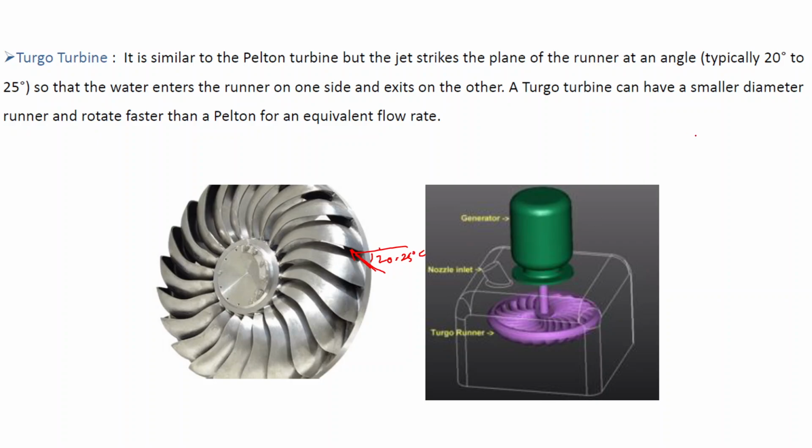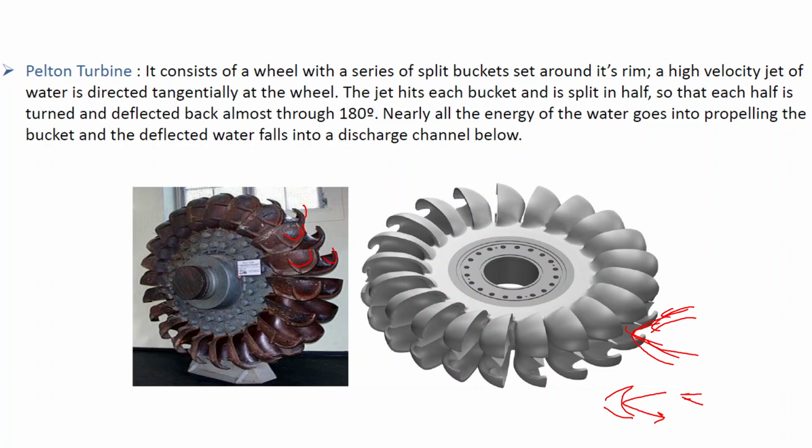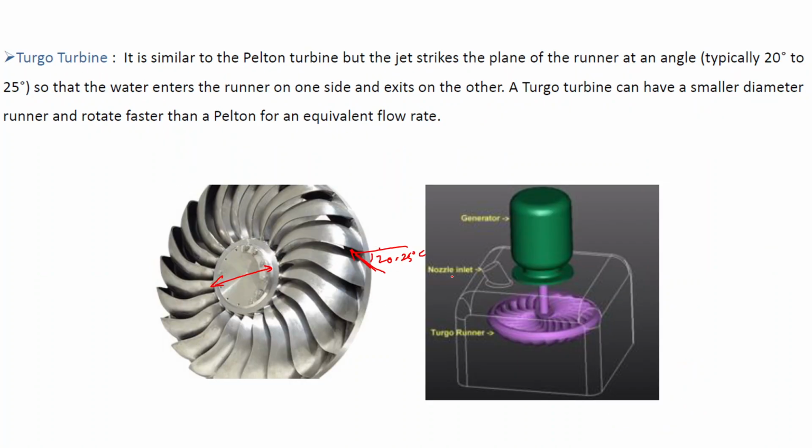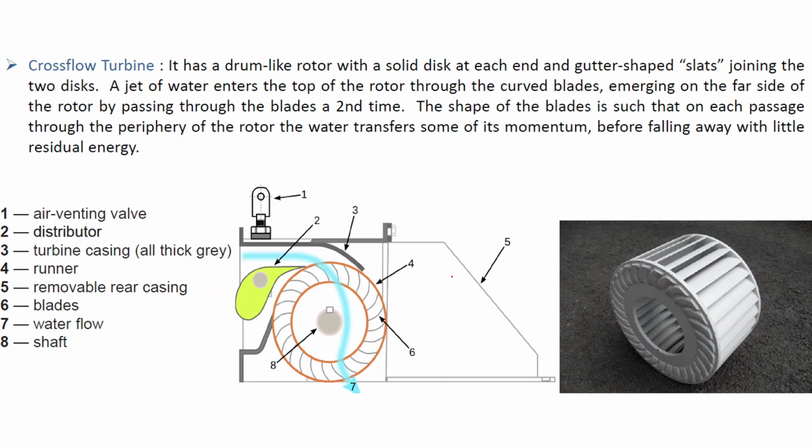A turgo turbine can have a smaller diameter runner, and so this runner is smaller in diameter. This diameter is smaller compared to this one, and it rotates faster than a Pelton for an equivalent flow rate. For the same amount of flow rate, this turbine runs faster than the Pelton turbine.